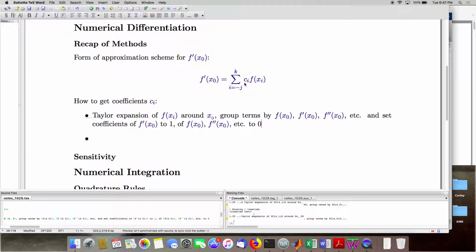I mean, you only have so many coefficients. That means you can only impose so many constraints on them. So you do the best you can with that.